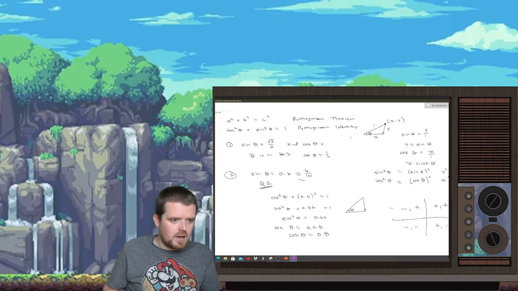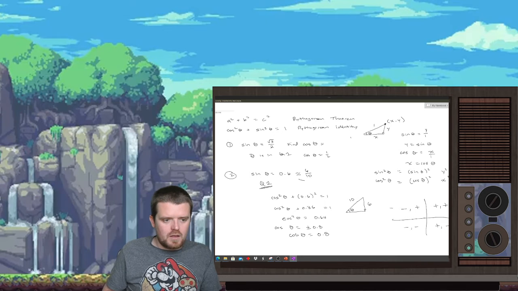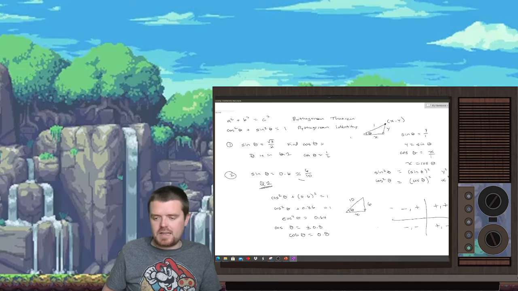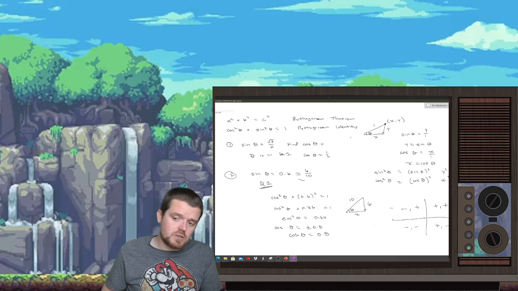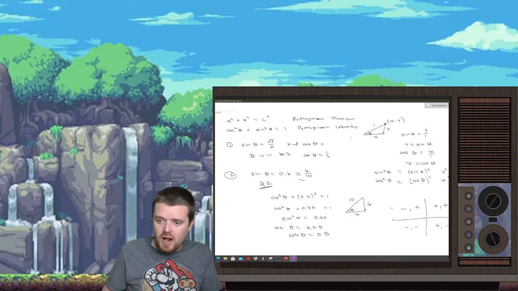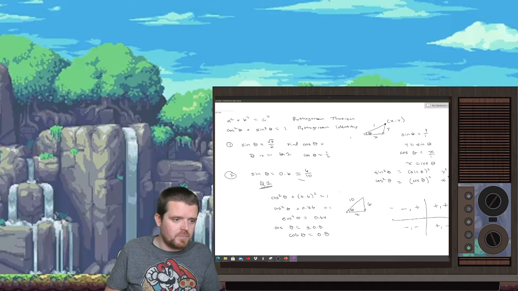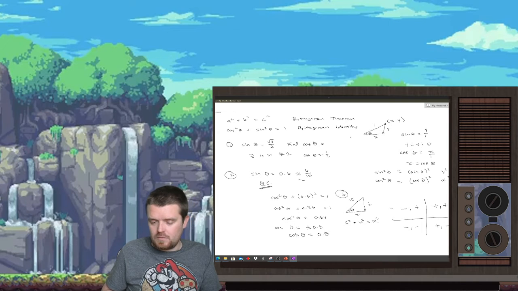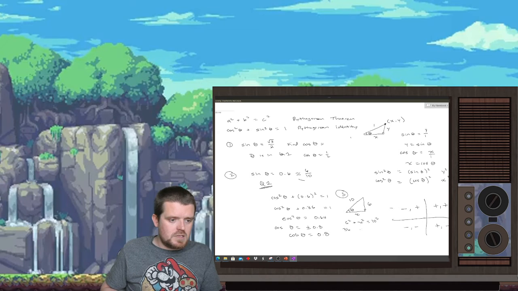I know sine is opposite over hypotenuse. And so if I can solve for the adjacent side, then I can write cosine, which is adjacent over hypotenuse. This would then be a Pythagorean theorem problem instead of a Pythagorean identity problem. So here, this would be 6 squared plus x squared equal to 10 squared. 6 squared is 36. 10 squared is 100.